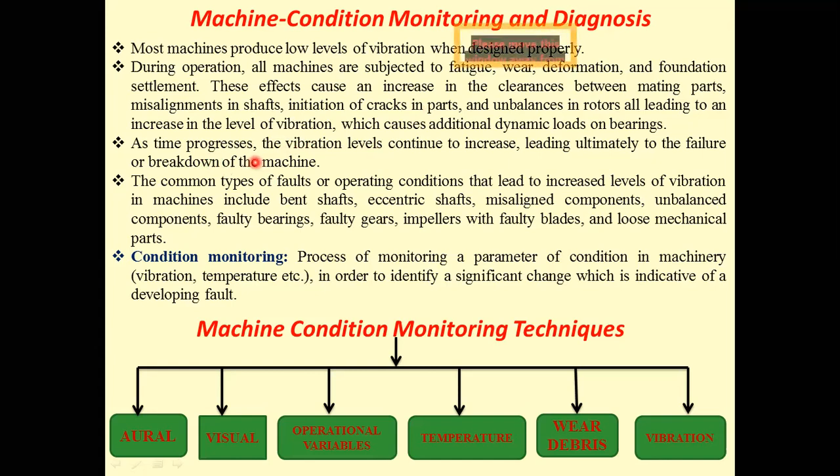The common types of faults or operating conditions that lead to an increase in the level of vibration include a bent shaft, eccentric shaft, misaligned component, unbalanced component, faulty bearings, faulty gears, impeller with faulty belts, and loose mechanical parts.